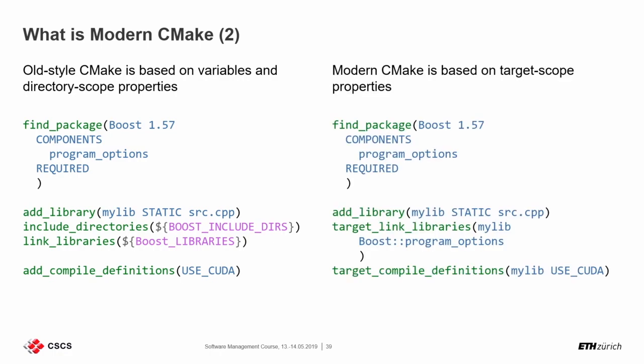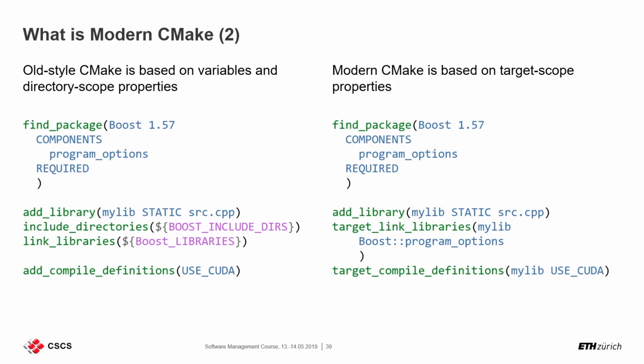When we compare it to modern CMake, which is this thing here, we are looking for boost with program options. We say that it's required, but this time it's going to provide us a target called boost program options, and we are going to link against that.